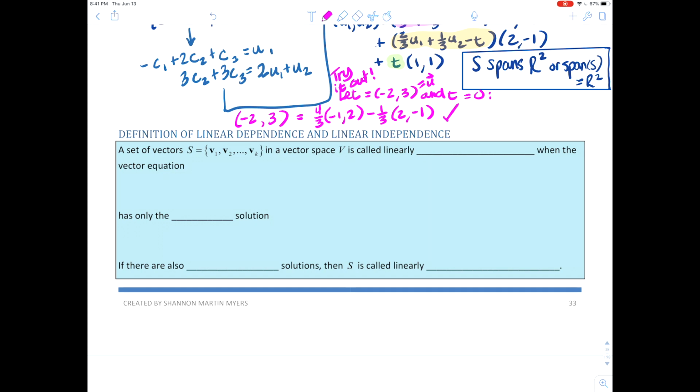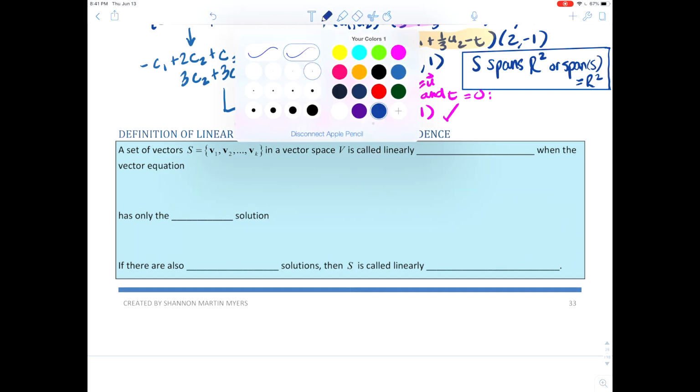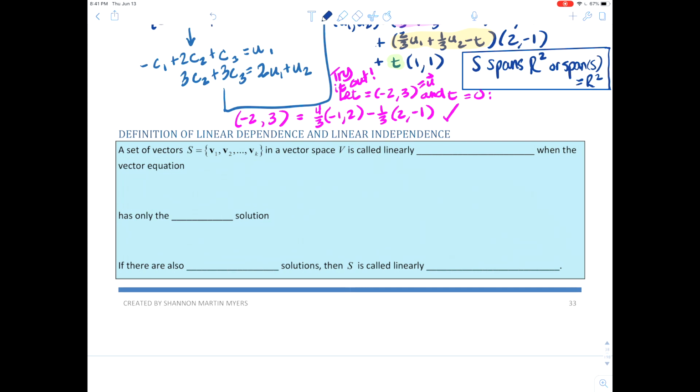Okay, so the definition of linear independence and linear dependence. A set of vectors S equal to vector 1, vector 2, all the way down to vector K, in a vector space V is called linearly independent when the vector equation C1 V1 plus C2 V2 plus ... plus CK VK equal to the 0 vector has only the trivial solution.